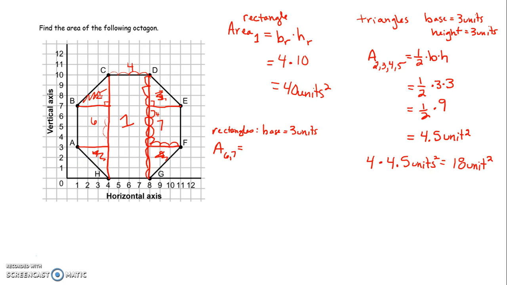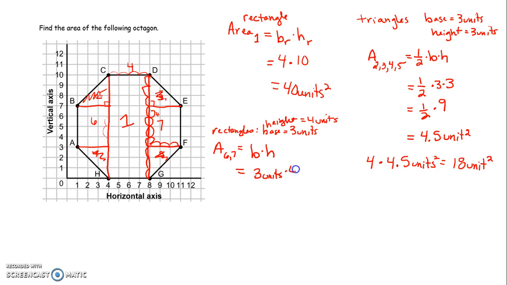And it looked like the height was 4 units. So the height of that rectangle was 4 units. To find the area of each of those, I just do base times height for the area of a rectangle. The base was 3 units.